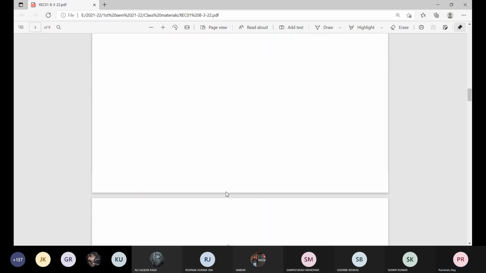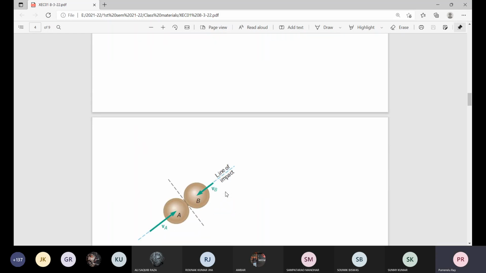Okay. Now when we consider this impact, suppose two spheres are there, they may be heavy, they may be lighter, with centers at location A and location B. This is the location where these two spheres are colliding, and if we join these two centers with a line, that center line and the velocities before impact are along that line.